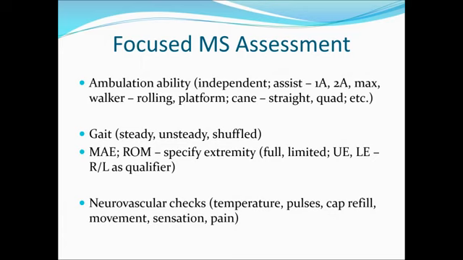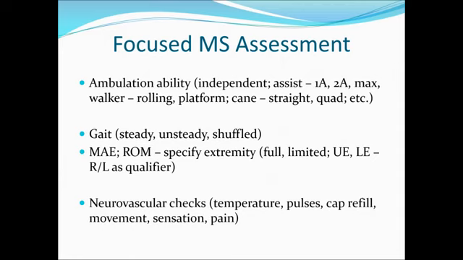Back to what we talked about a couple seconds ago on the last slide, talking about neurovascular status. We want to make sure that the patient has movement, sensation, and circulation on all of the extremities. We do this through neurovascular checks. And as you look at patients' charts, you might see they're ordered neurovascular checks.